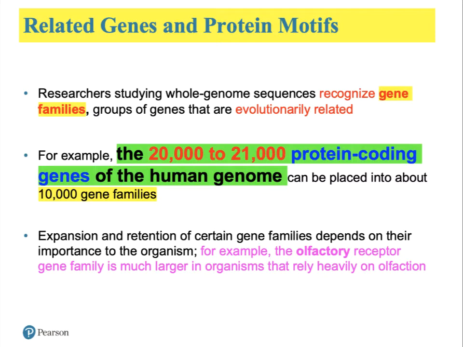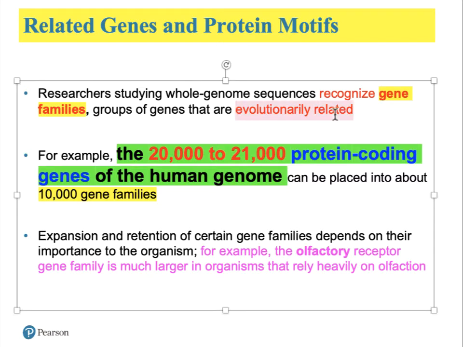One component of gene structural analysis that helps us is that genes fall into gene families, and these gene families have arisen by evolutionary mechanisms. Therefore, they still retain some resemblance to each other in terms of function or structure. With respect to the human genome, we know that there are 21,000 protein coding genes, and those roughly 21,000 genes can be classified into 10,000 gene families, so about 2 genes on average per gene family.